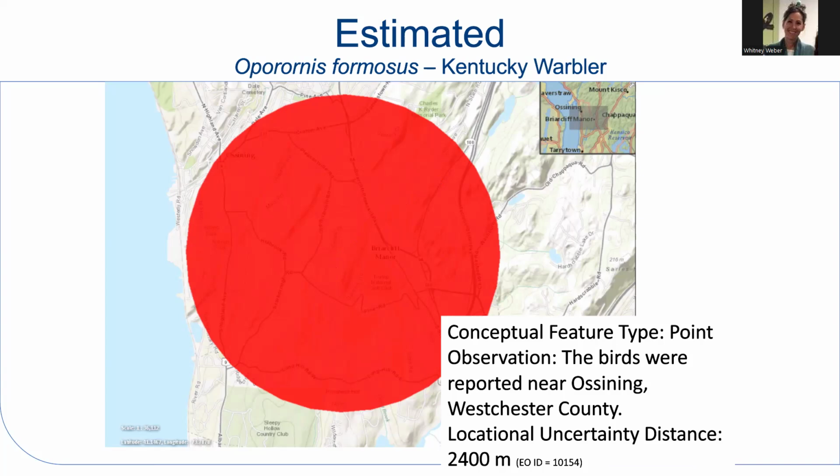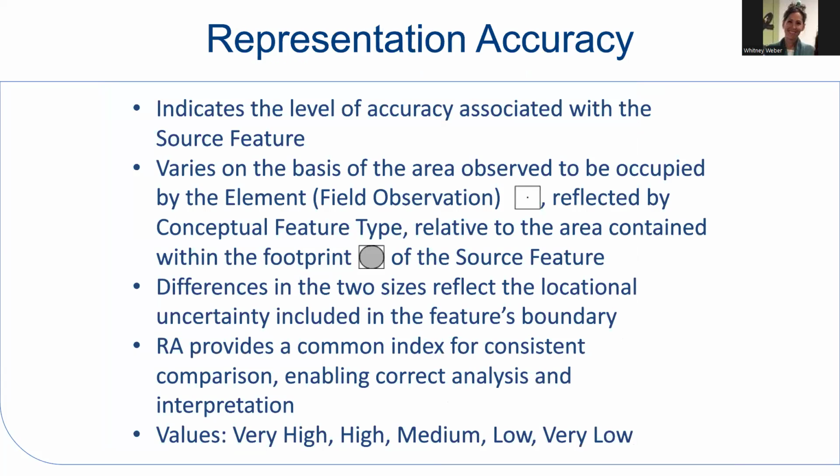And you'll see this often with historical data. So if you recognize this from within your own Biotics database, these big buffered points typically reflect historical data. Representation accuracy indicates the level of accuracy associated with the source feature.